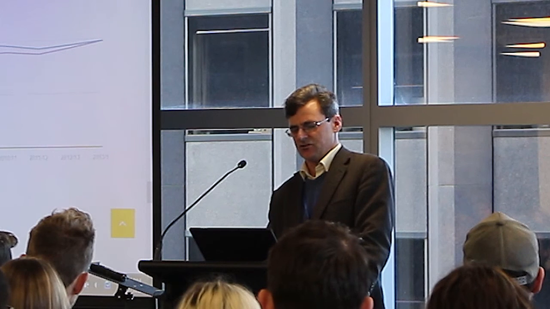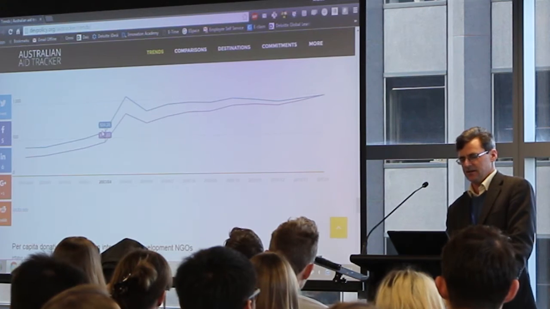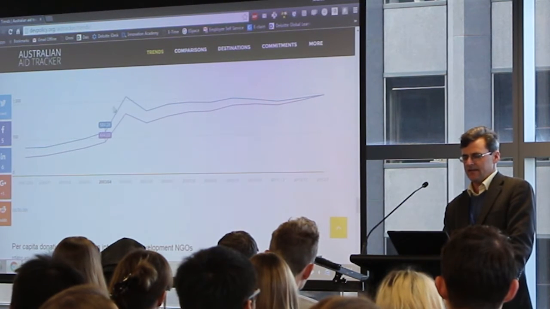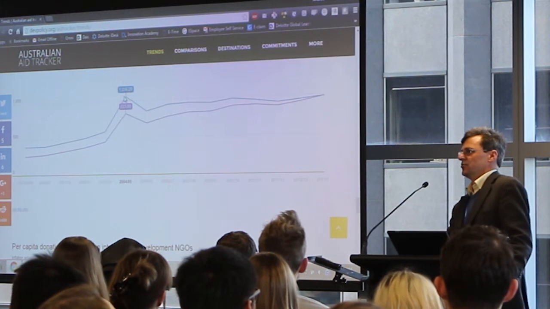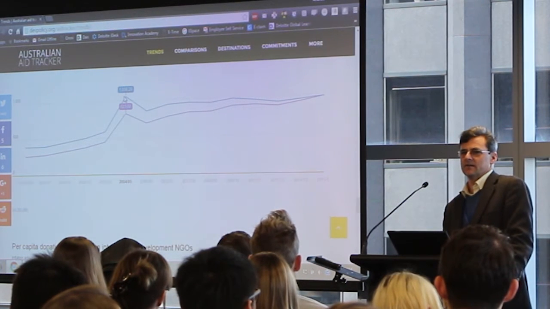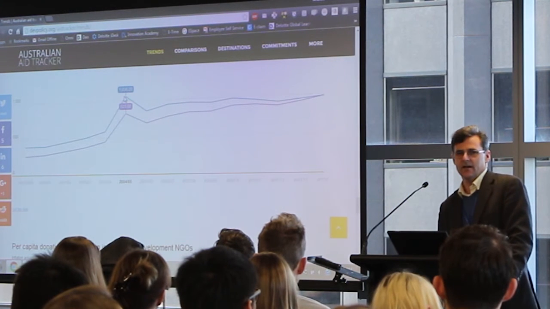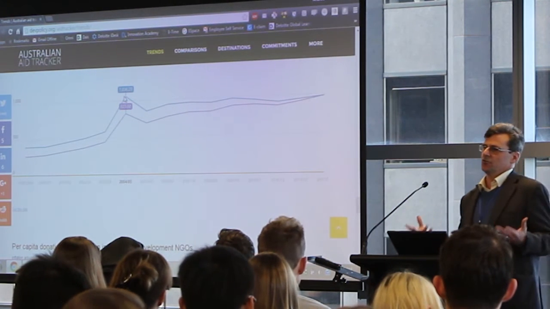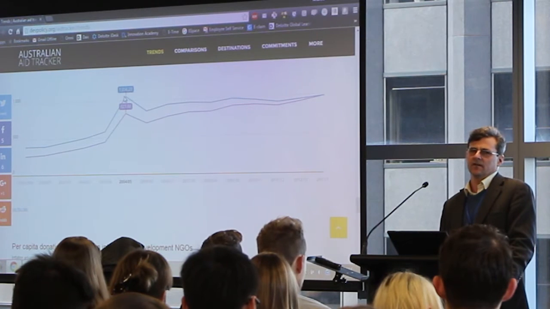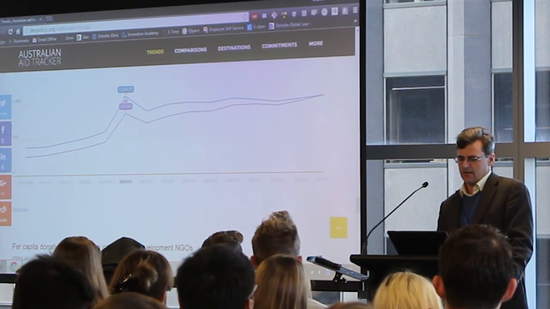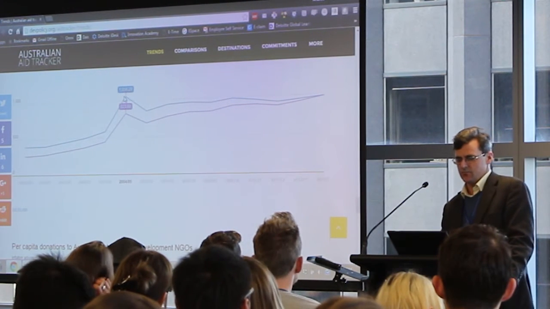It was on an increasing trajectory in the early years of this century. And then there was this massive spike, which was the tsunami, the South and Southeast Asia tsunami, that drew forth this enormous rush of giving from the Australian public, basically doubling the amount people gave.